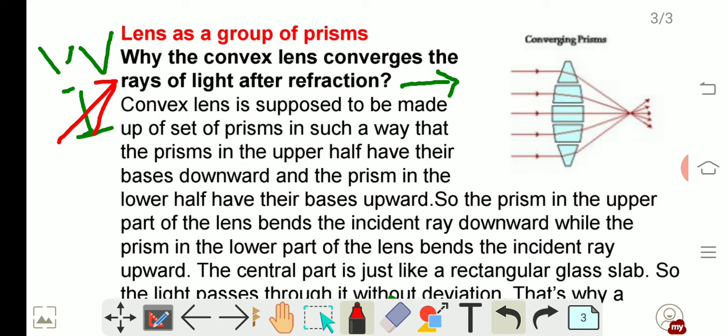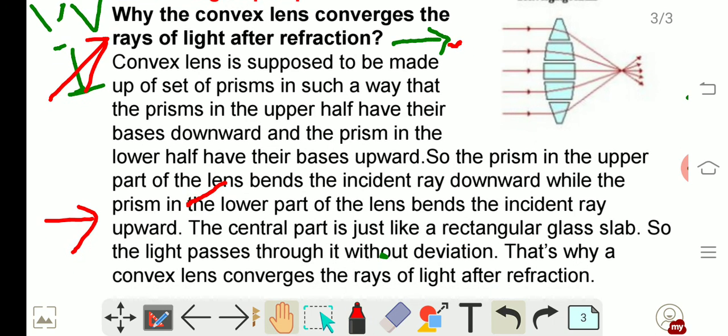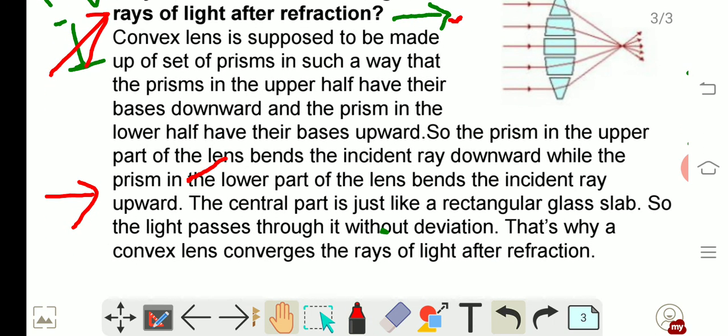A convex lens is supposed to be made up of a set of prisms in such a way that the prisms in the upper half have their bases downward and the prisms in the lower half have their bases upward. So the prism in the upper part of the lens bends the incident ray downward, while the prism in the lower part of the lens bends the incident ray upward.